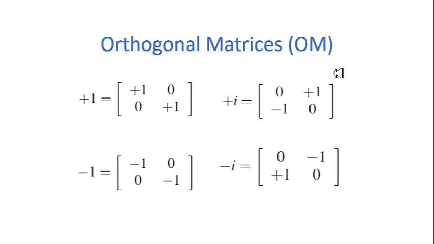So the forward diagonal is the scalar, and the backward diagonal is the rotar. It's the rotation. And this is what you see when you look at the Mandelbrot set.